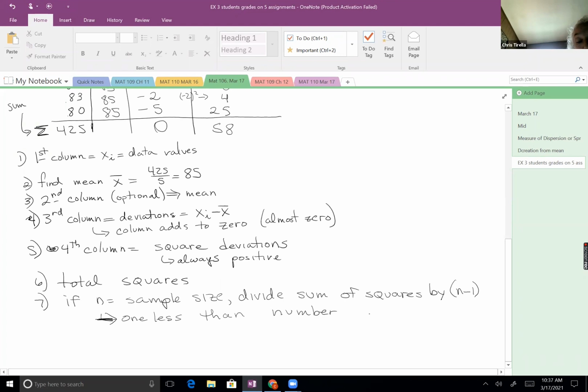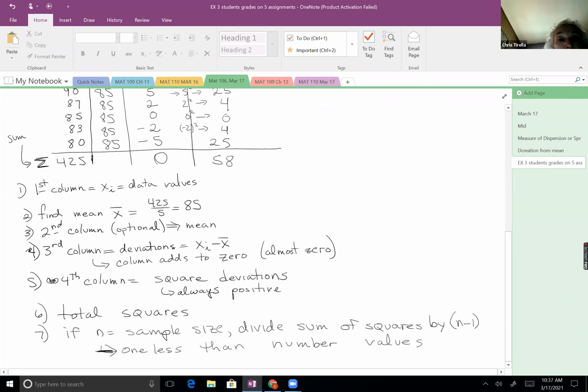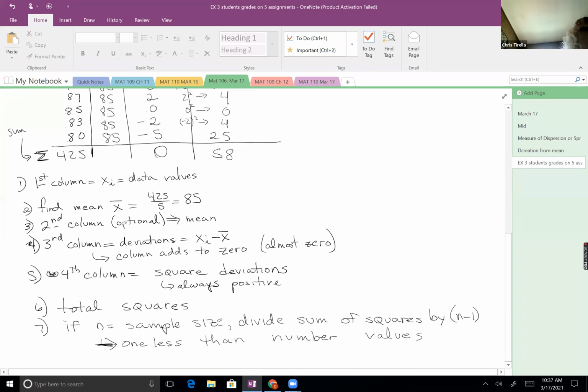There's a couple of different formulas for standard deviation. This is the one Mr. Blitzer gives us, where you divide by 1 less than the number of values, the formula that's used if we're looking at a sample.